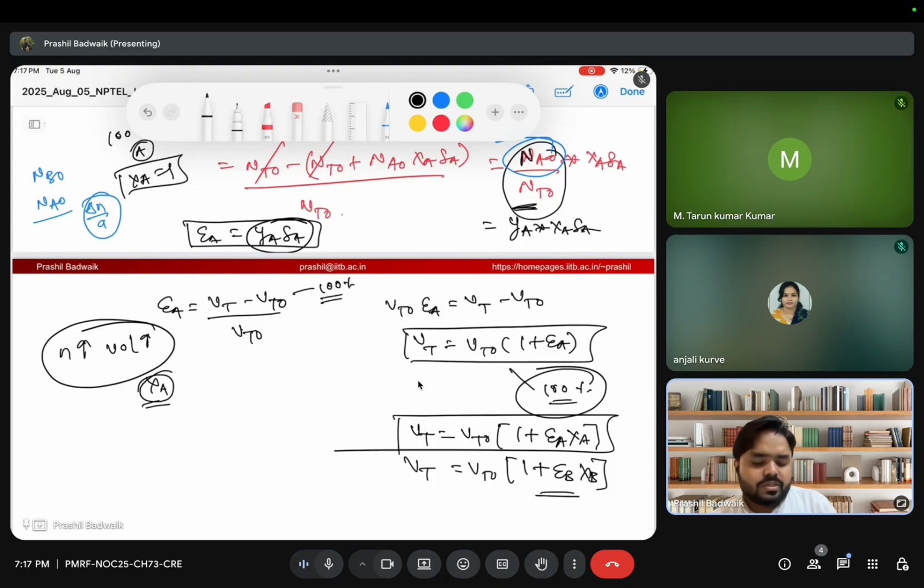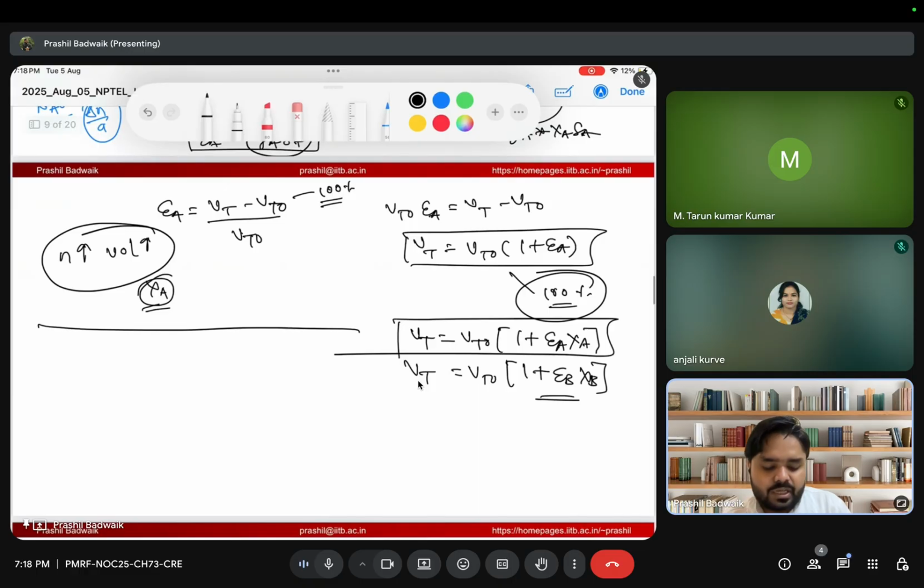So now what is the physical significance? The question here is, what is the physical significance of epsilon A? So we know it is a fractional change with respect to initial. Initial is Vt naught. With respect to that value, what is the fractional change?